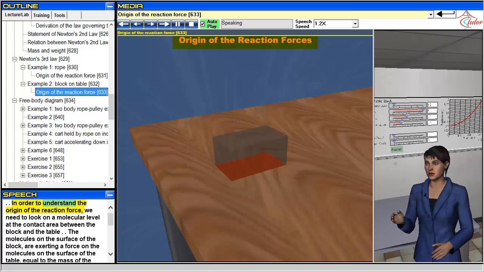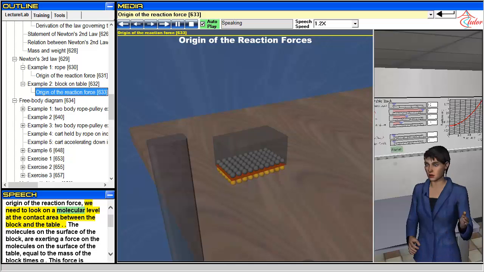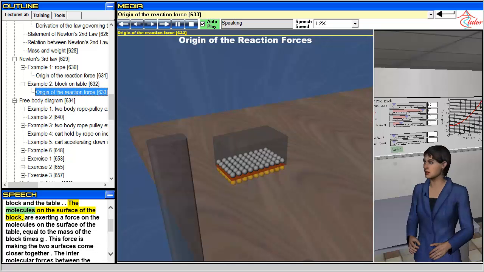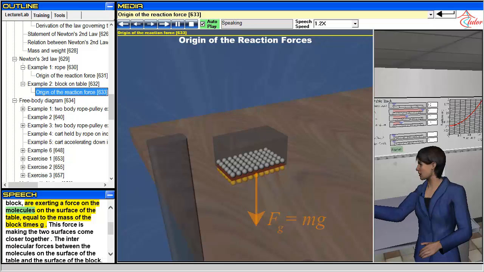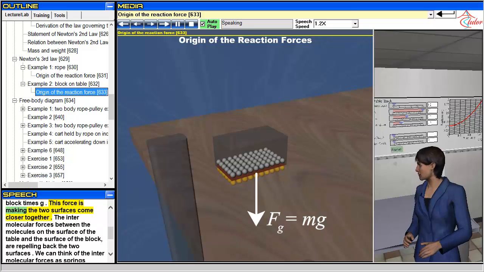In order to understand the origin of the reaction force, we need to look on a molecular level at the contact area between the block and the table. The molecules on the surface of the block are exerting a force on the molecules on the surface of the table, equal to the mass of the block times g. This force is making the two surfaces come closer together.